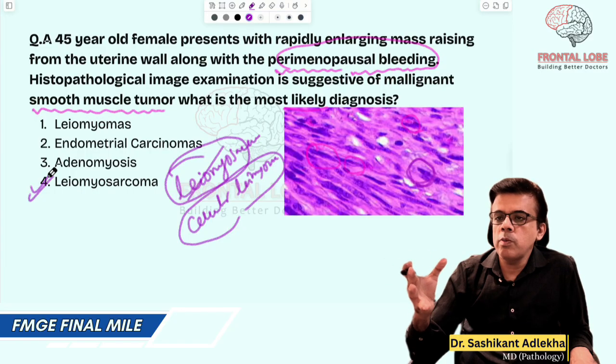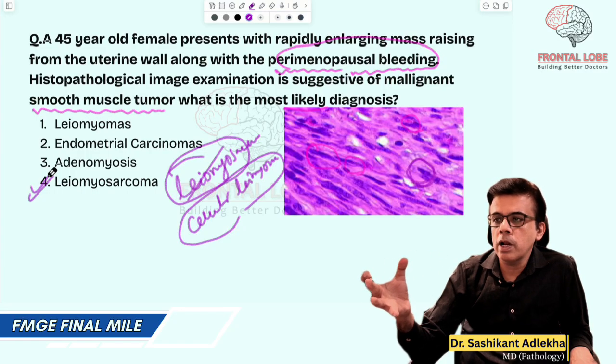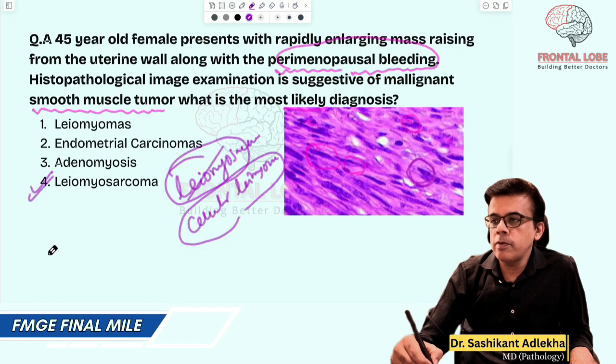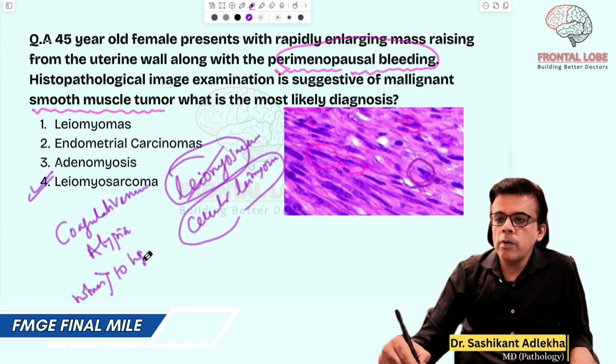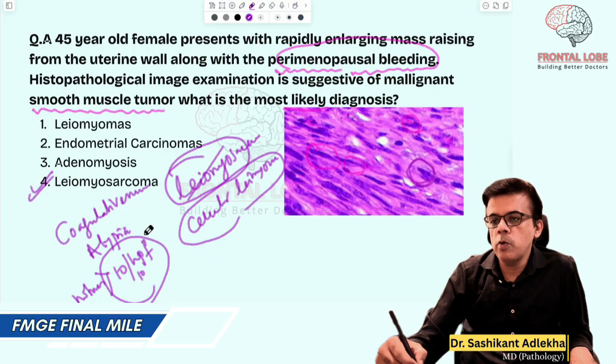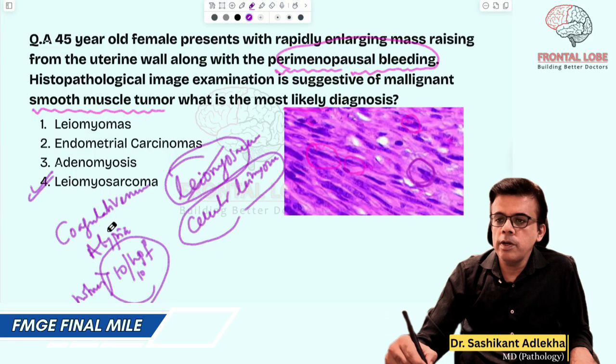How to differentiate leiomyoma from leiomyosarcoma? That is a classical thing to be asked. The most common things that differentiate leiomyoma from leiomyosarcoma are coagulative necrosis, atypia, and number of mitosis, more than 10 mitosis per 10 HPF.